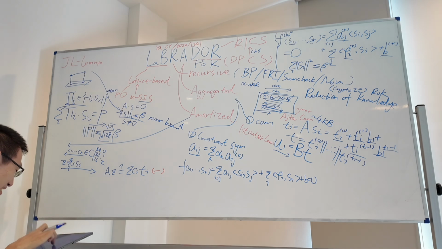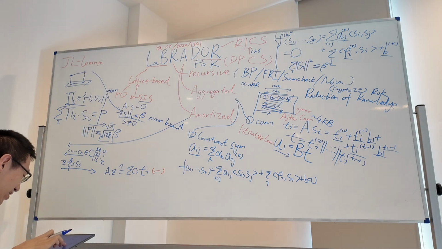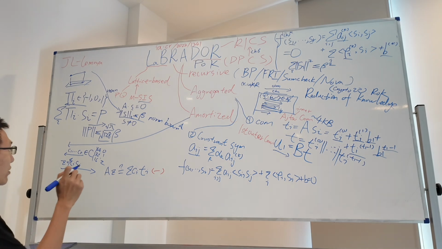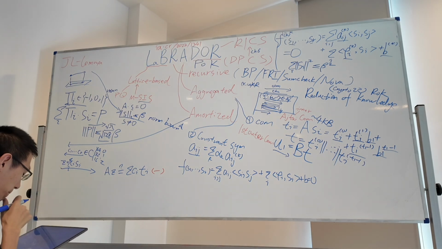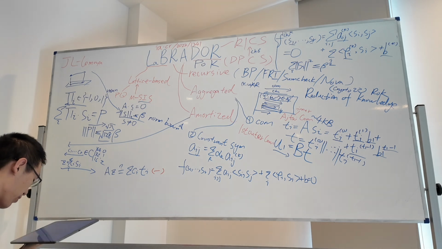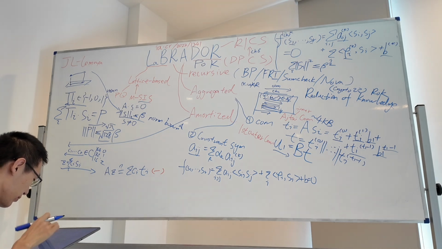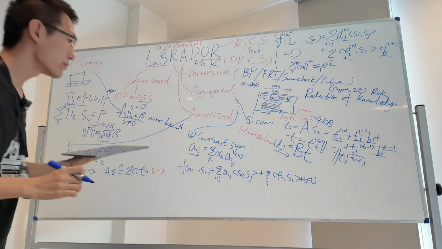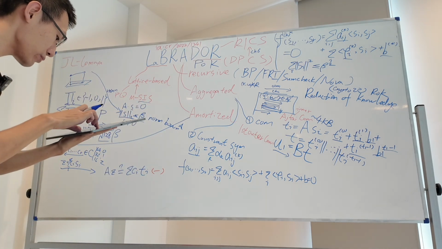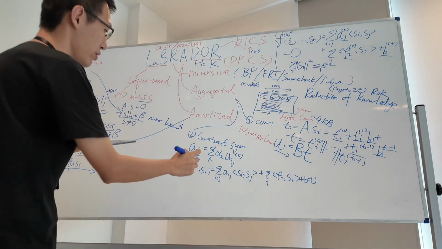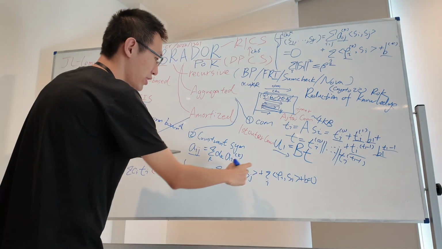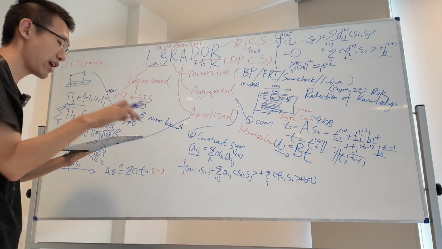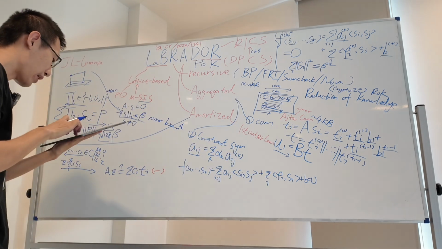The goal of us is to prove this constraint, the aggregate constraint, right?